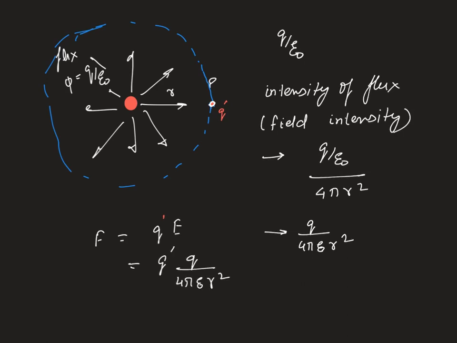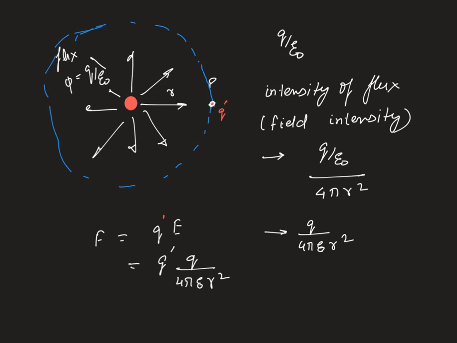So now you understand the sequence of things. First, a charge creates flux in the surrounding space. As that flux spreads in the surrounding space, its intensity decreases because of this inverse square law, and as we move farther and farther away from the charge, the intensity will decrease.